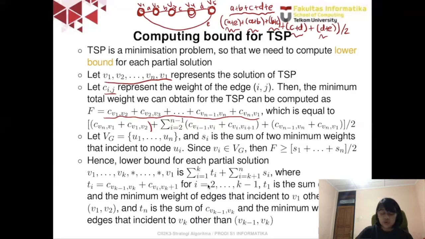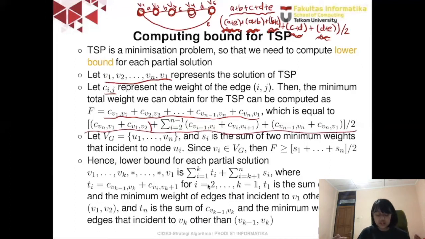So here we add exactly two edges incident to each node, which cannot be lower than the sum of the two edges with minimum weight for each node, right? So the lower bound for the TSP can be written like this.